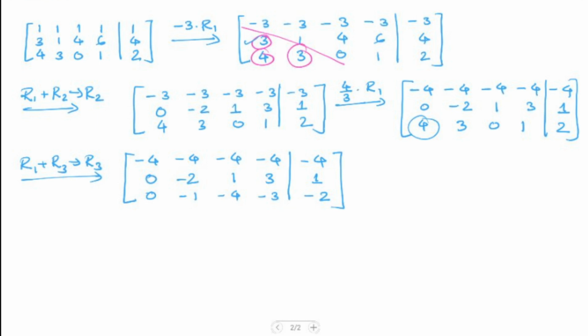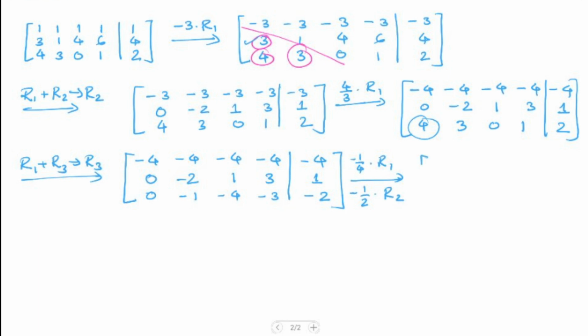Now here, the next row operation that we'll do is we will multiply minus 1 over 4 times row 1. And also at the same time minus 1 over 2 times row 2.